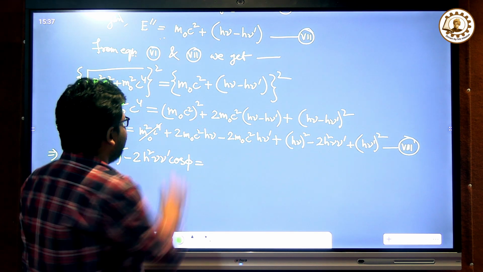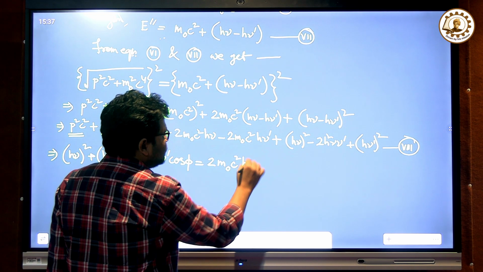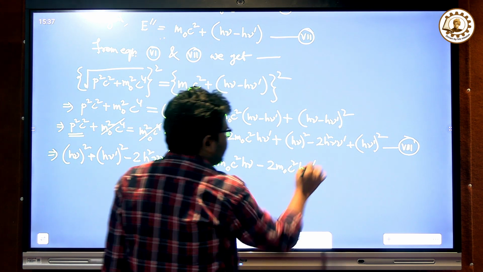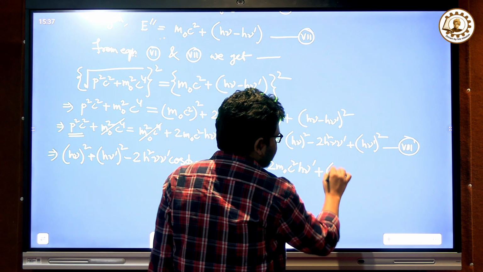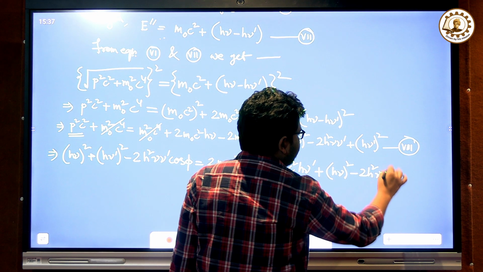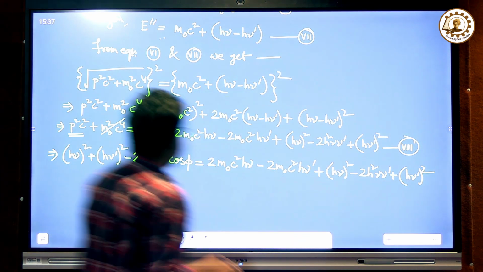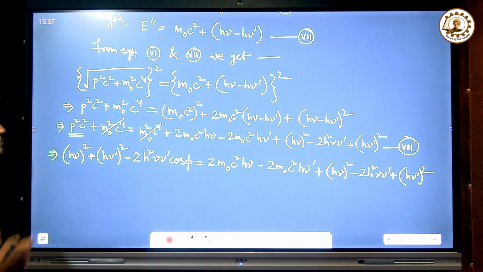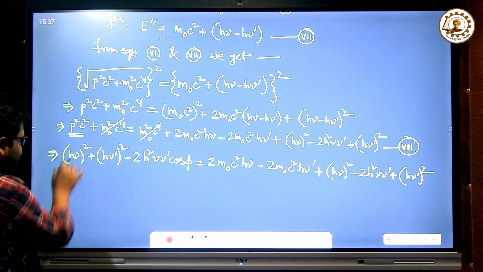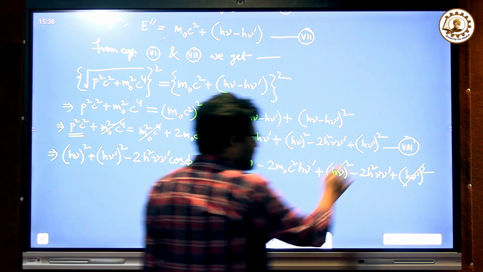And on the right hand side we have 2 m0 c square h nu minus 2 m0 c square h nu prime plus (h nu) whole square minus 2 h square nu nu prime plus (h nu prime) whole square. Now the h nu whole square and h nu prime whole square terms cancel out from both sides.